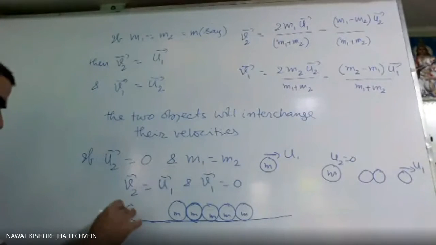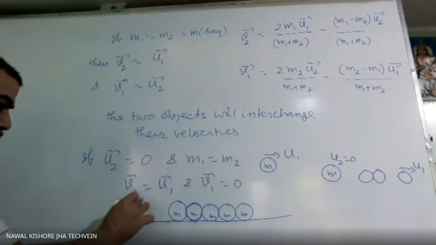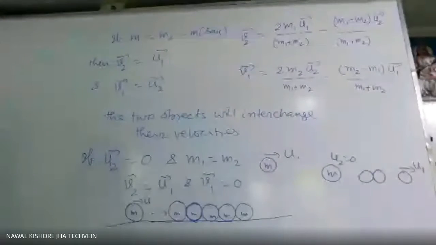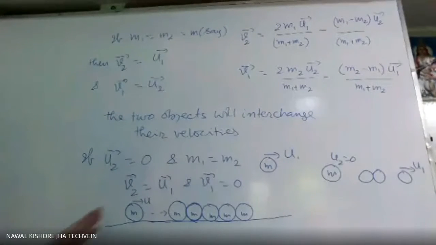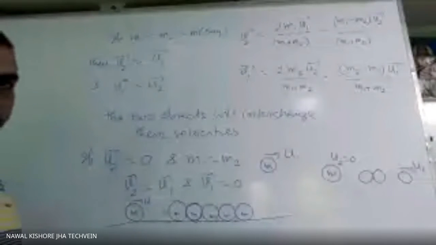Now, if one ball moving with velocity u strikes them, what will happen? This ball will become stationary and the next will start moving with velocity u, if the collision is elastic.